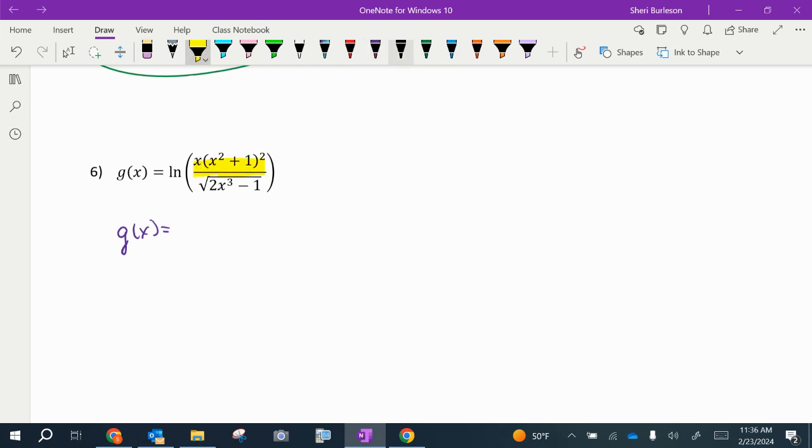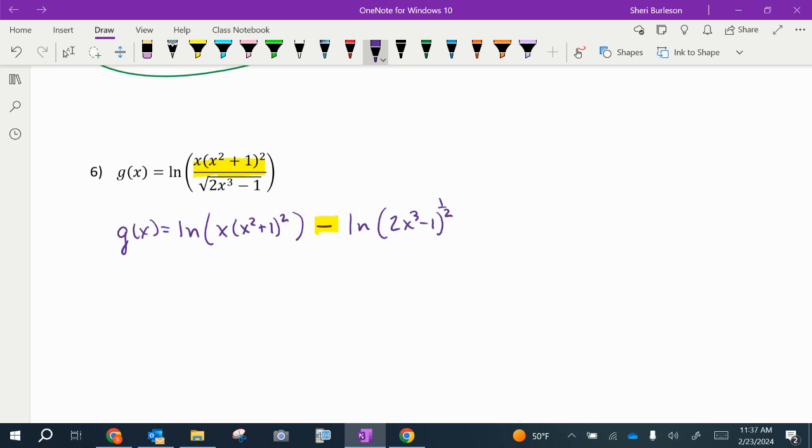So I'm going to break that up into the natural log of x times (x squared plus 1) quantity squared minus the natural log of, and I'm going to write this with an exponent, (2x cubed minus 1) to the 1/2. So now that gets me a little easier, but I still have several properties I could use. So now I'm going to use the exponent property.